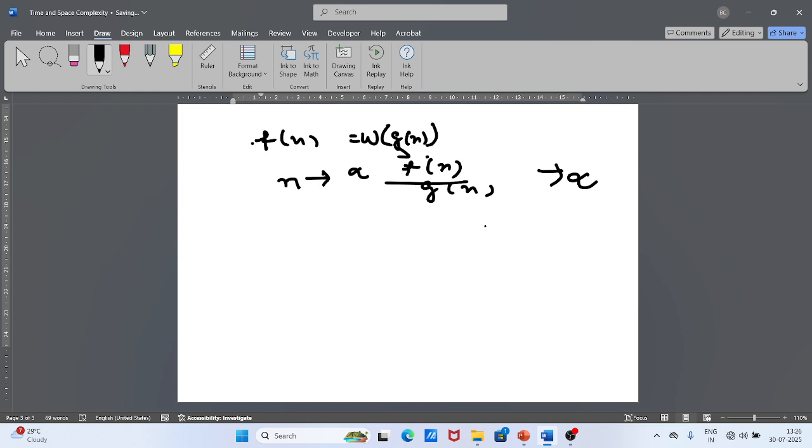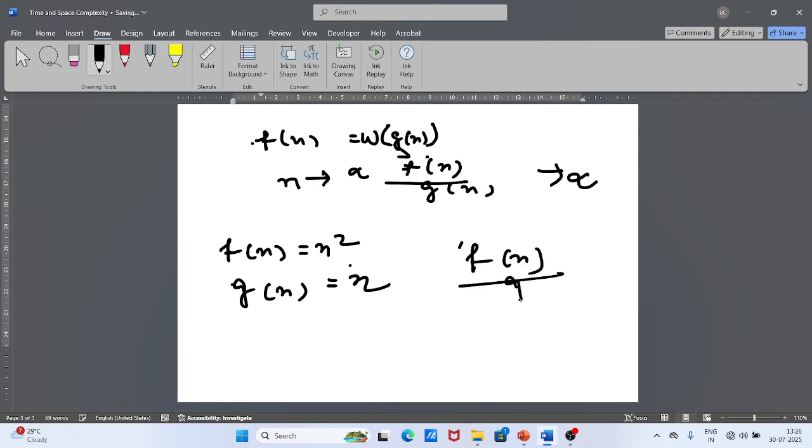For example, now take one example. f(n) is equal to n square, then g(n) is equal to n. Now divide them. f(n) divided by g(n) is equal to n square by n, then we got n.